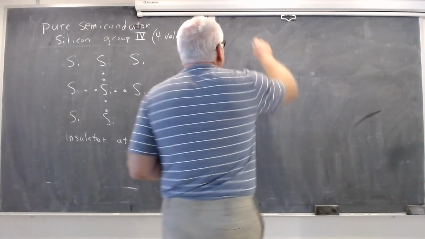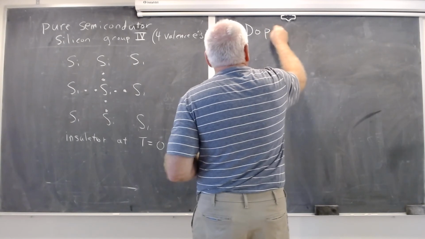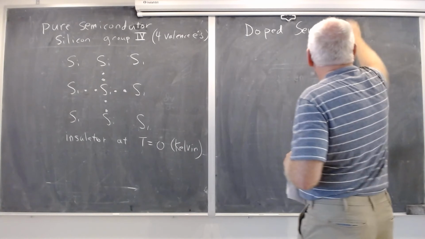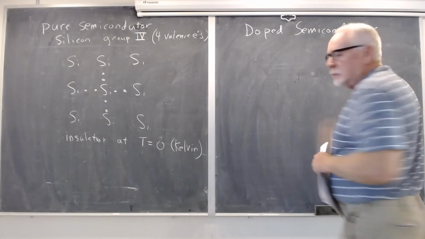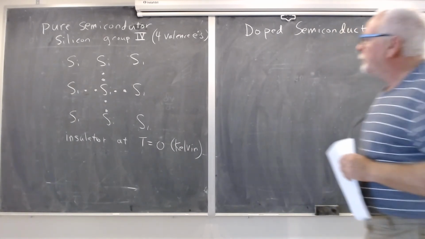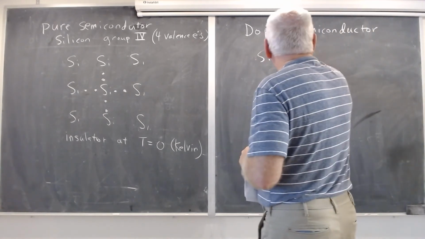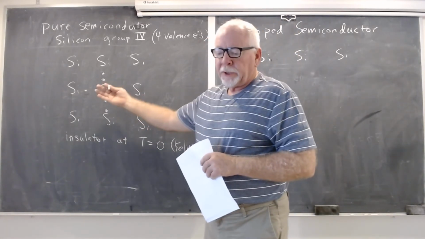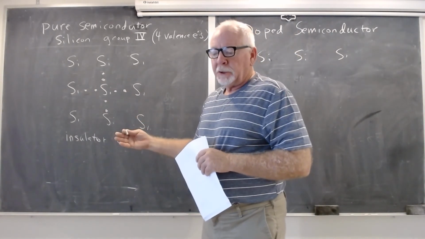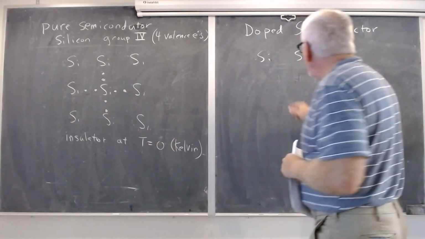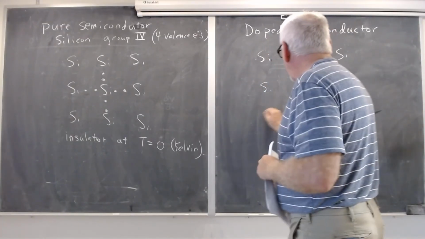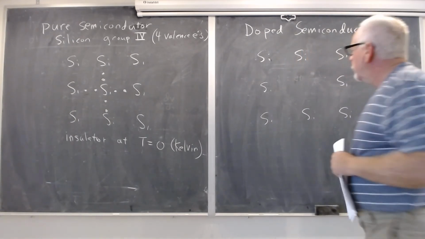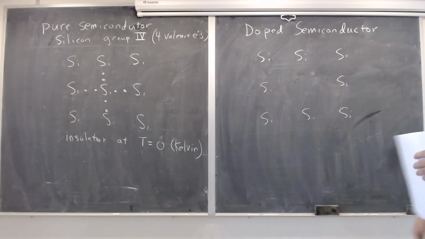So here we go to a doped semiconductor. Okay, and let's draw our silicon crystal, which, by the way, when you have a regular array of atoms like this, it's called a crystal. Let's replace one of the silicon atoms with arsenic.